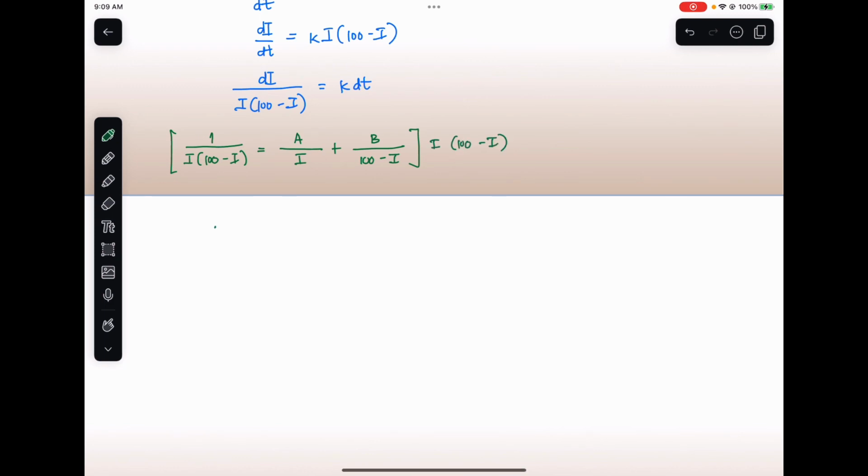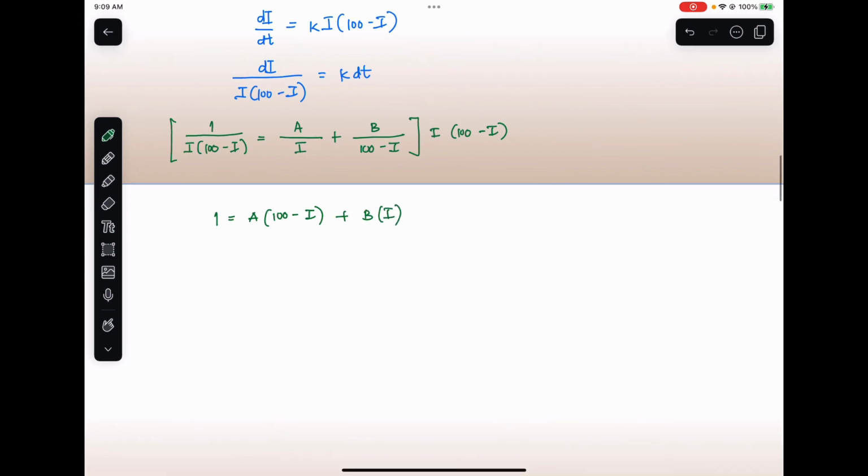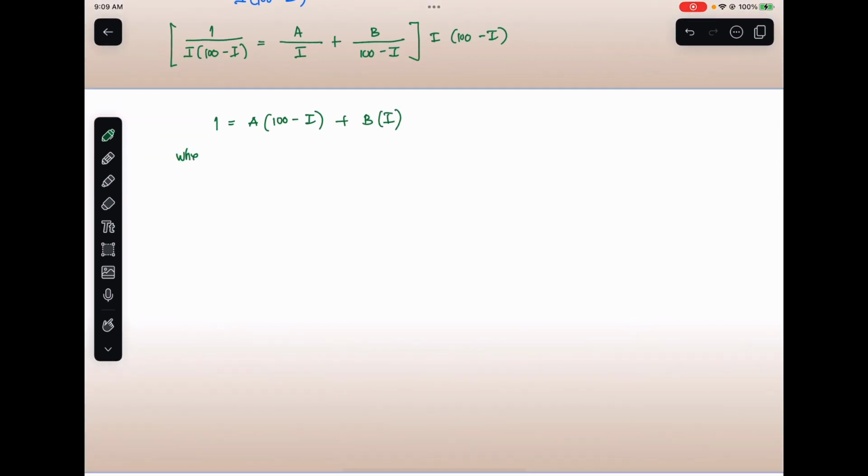So giving us 1 equal to A times 100 minus I, plus B, multiplied by I. Now we can substitute. To get the value of A, we assume that I is equal to 0.